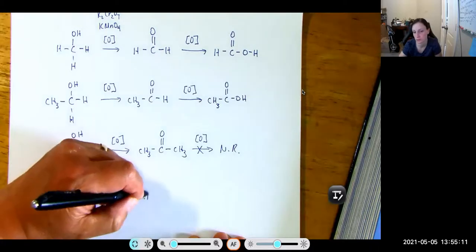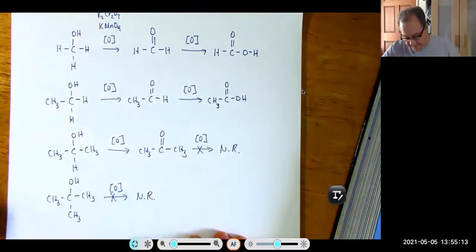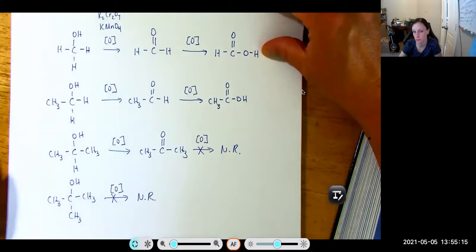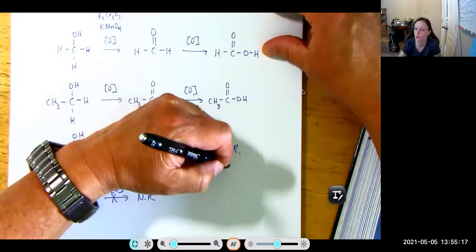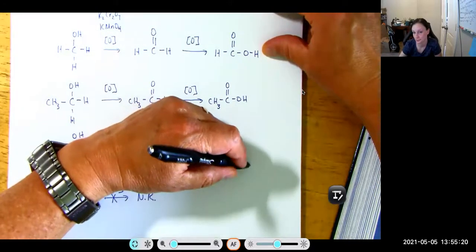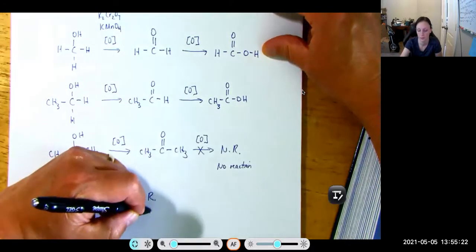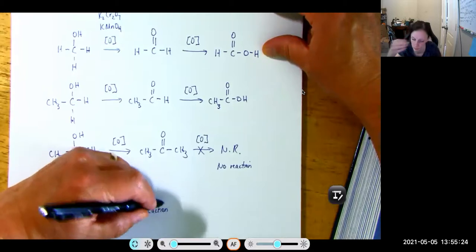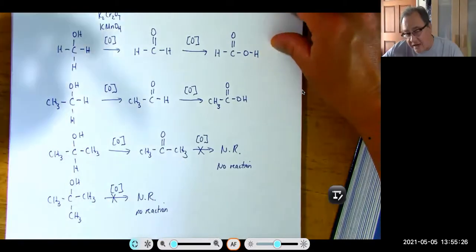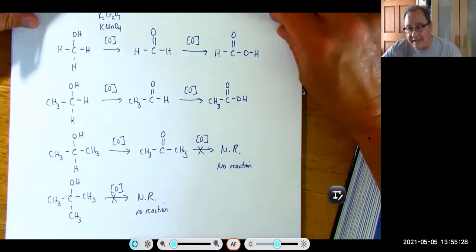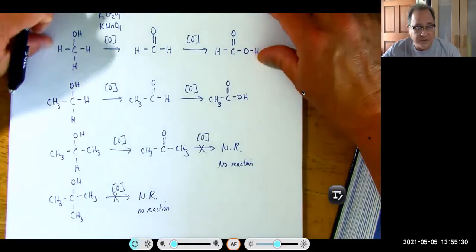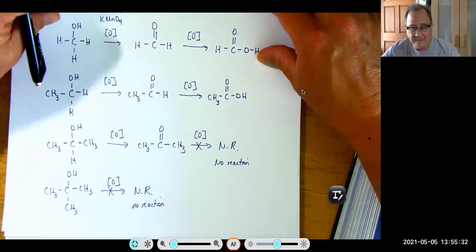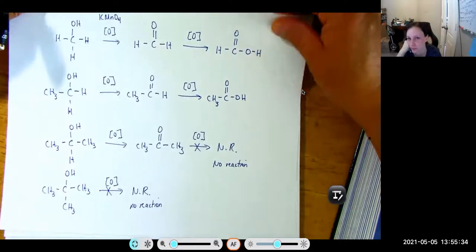Nothing. What does NR stand for? Not reactive. No reaction. Okay, so you can see that oxidation of alcohols is not quite as simple as we had hoped, right? Okay, so now let's do this problem.